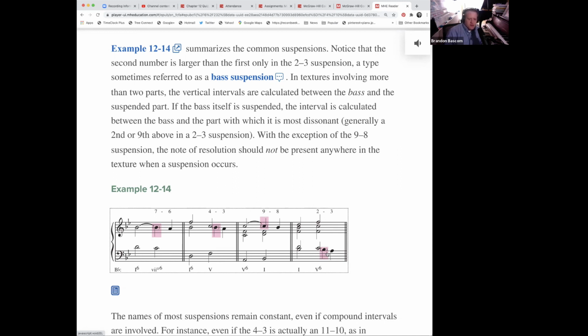So the dissonance that occurs is a second, and it resolves out to a third. So bass suspension's always going to be a 2/3. I wouldn't say that. I would never say always.